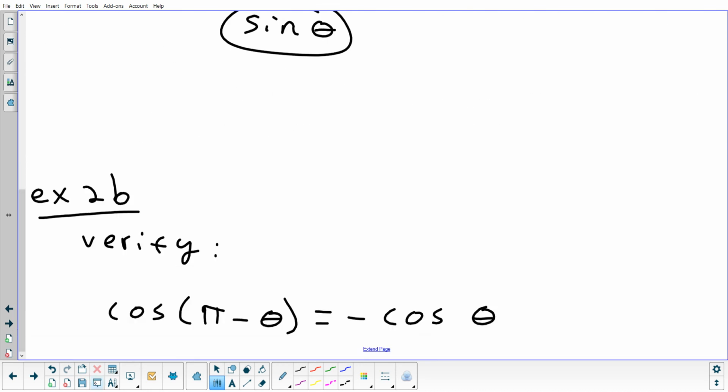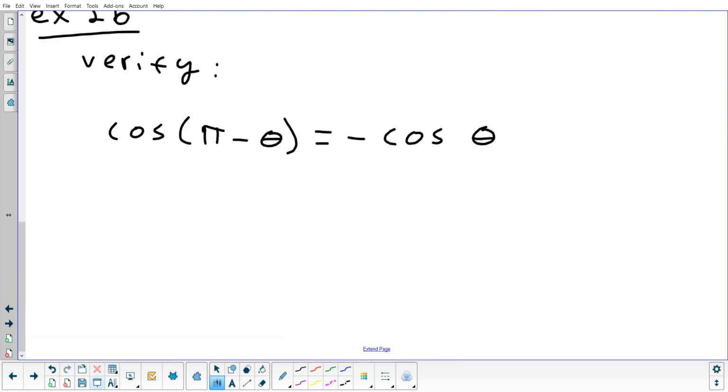All right, let's try this one. The cosine of pi minus theta equals negative cosine theta. All right. So we're going to start with a cosine difference on the left-hand side.